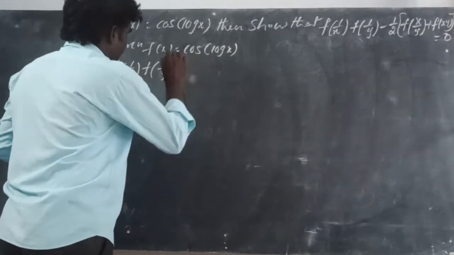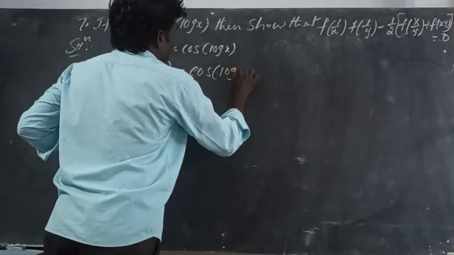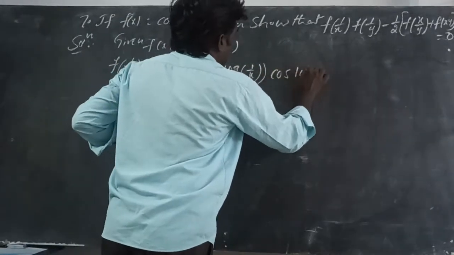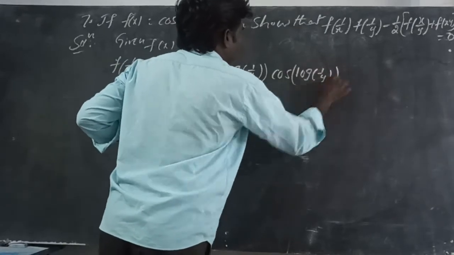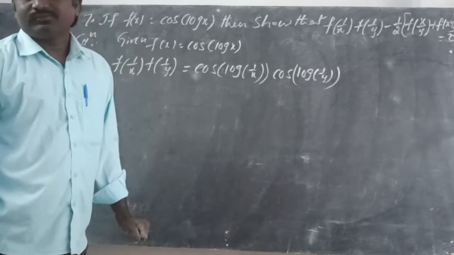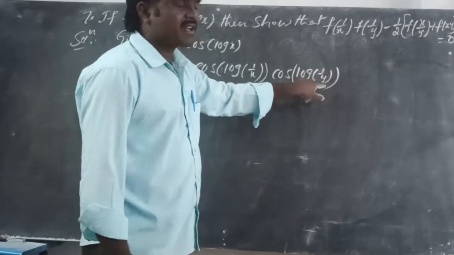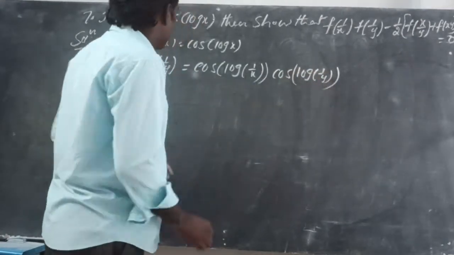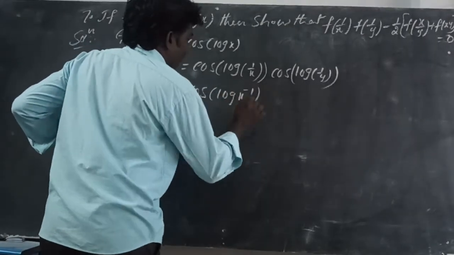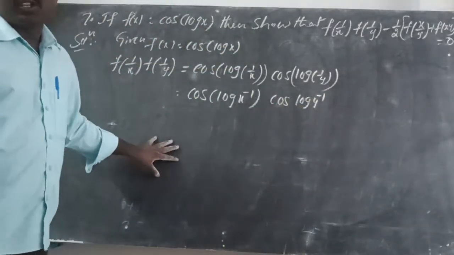Here f(1/x) means cos(log(1/x)), and f(1/y) means cos(log(1/y)). How can we write 1/x? x to the power minus 1. And 1/y? y to the power minus 1. So this can be written as cos(log x^(-1)) and cos(log y^(-1)).